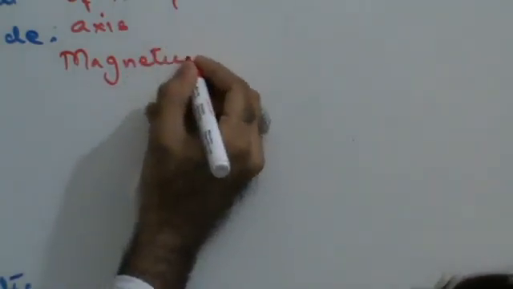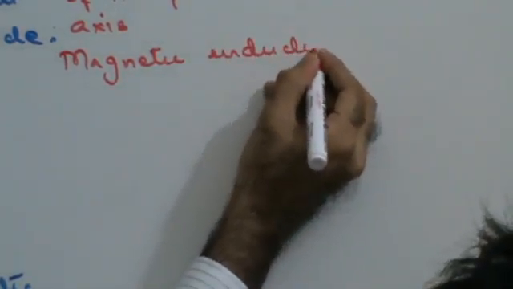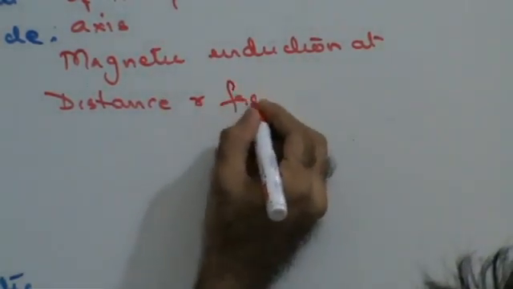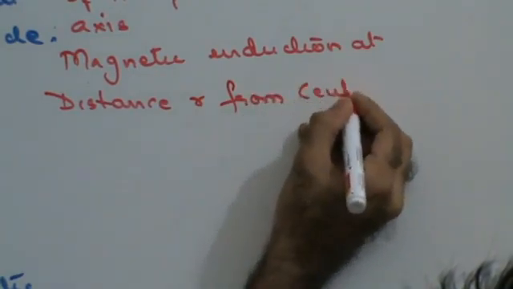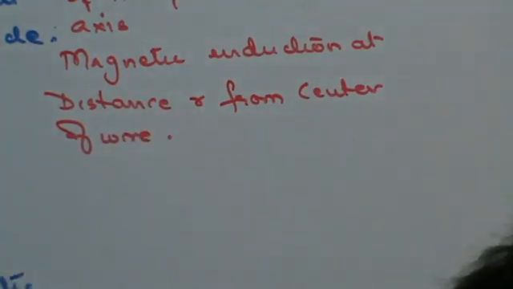So the magnetic induction at distance r from the center of the wire. Let's try to find out the magnetic induction at this distance.